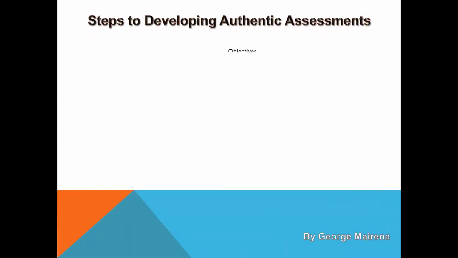Now, here we got the steps that we have to take into consideration when developing authentic assessment. The first one, and one of the most important, is learning objectives. You know that we need to define the specific learning goals for the assessment, okay? So in other words, we need to know what we want the students to be able to demonstrate by completing the task, right?